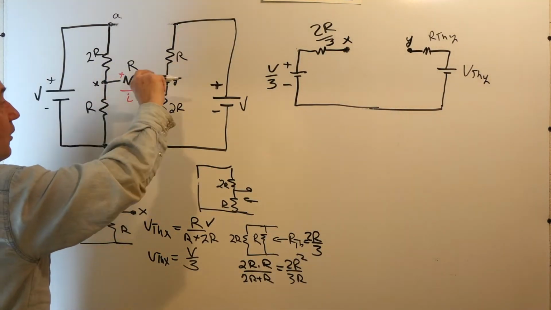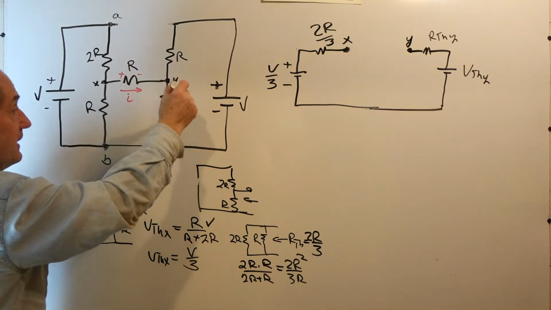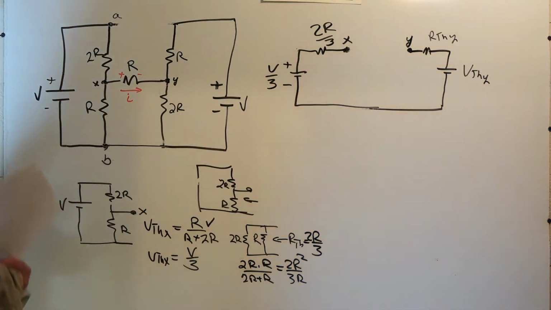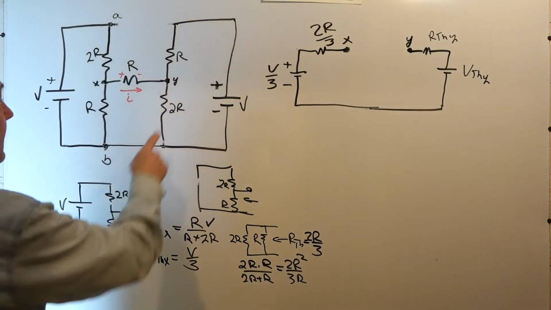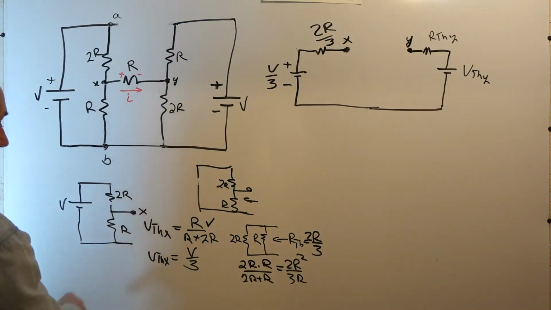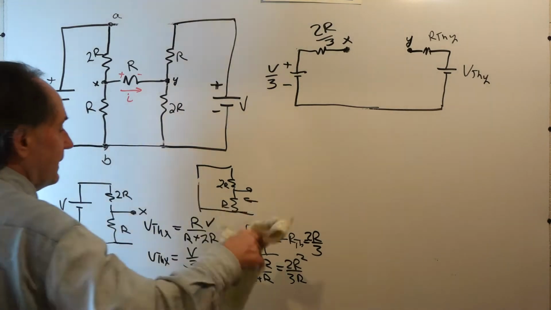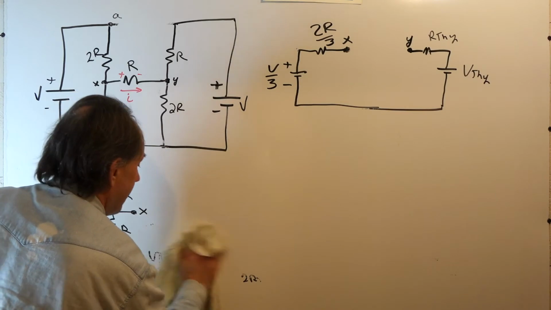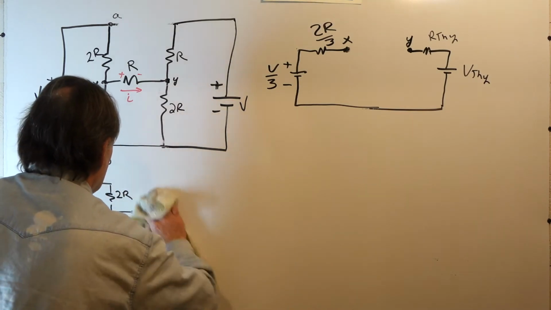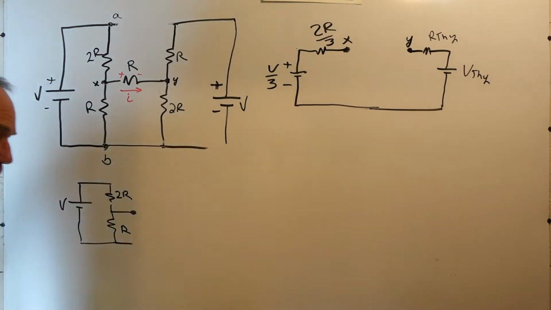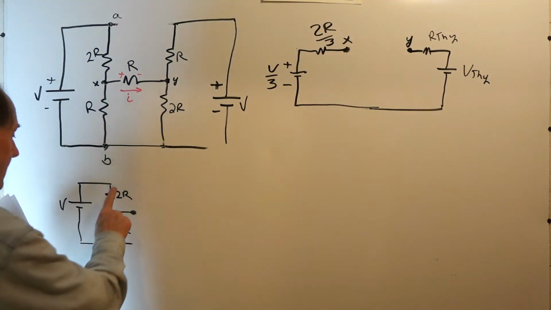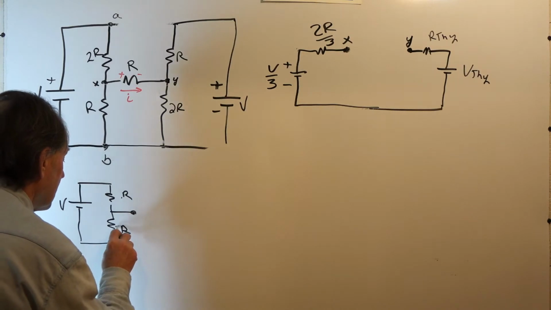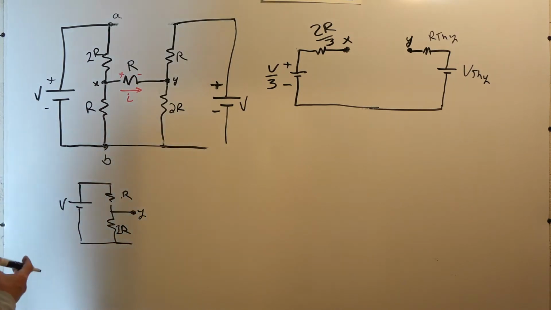The open circuit voltage looking in here is just the voltage divider flipped around. We have the R on top and the 2R on bottom. This is our connection at Y. So that becomes R on top and 2R on bottom, and this is the Y connection.